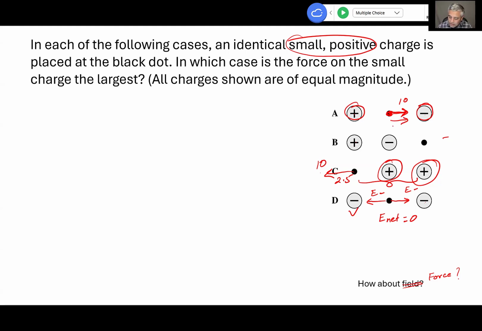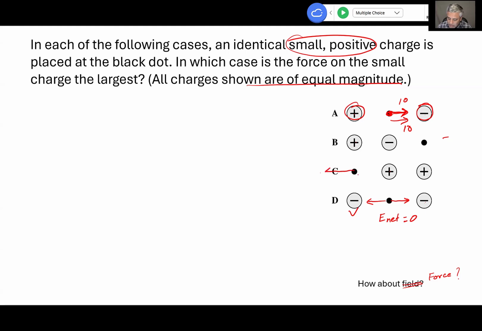And since this distance is same as this distance, and by the way, the charges, they have same magnitude, right? So whatever the value of the force field is over there, it's going to be same. So I'm just putting a number here. So it becomes 10 plus 10, 20, for example. Now, if we look at this point over here, what happens?